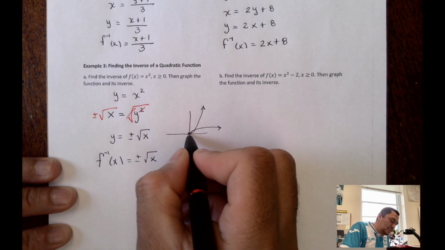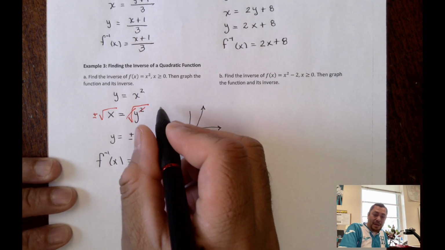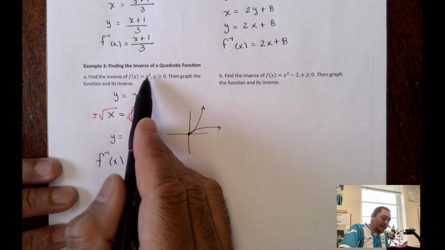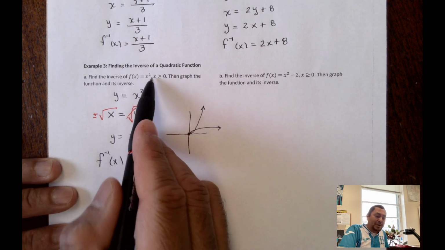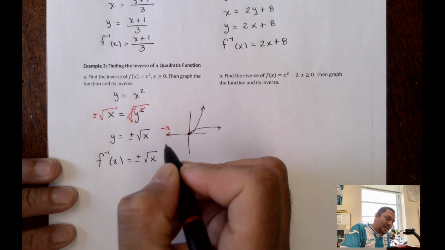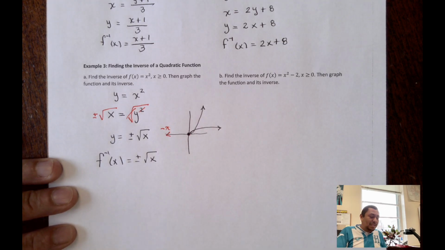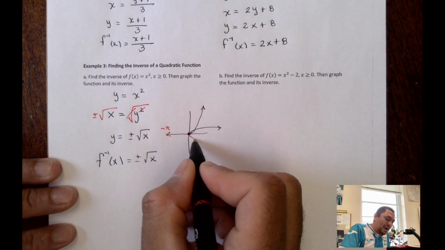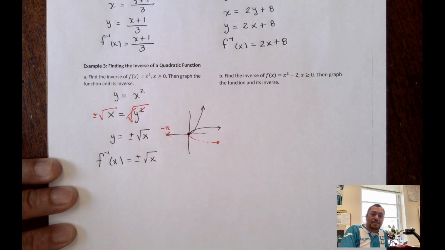Remember, I am not going to draw the negative part of the parabola because the domain is restricted to only 0 and up, not the negative x values. So I'm not going to graph the other side of the parabola because the domain is being restricted.